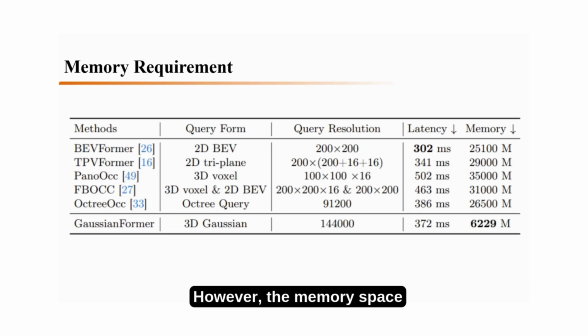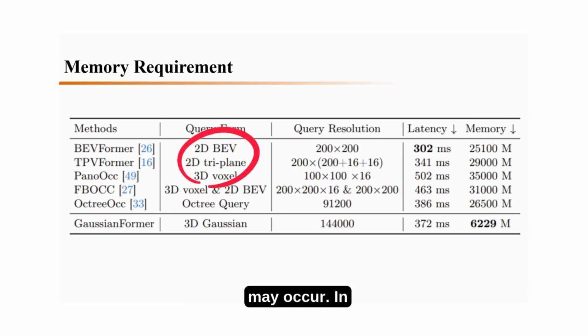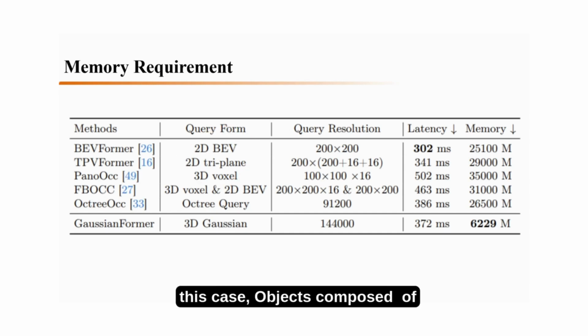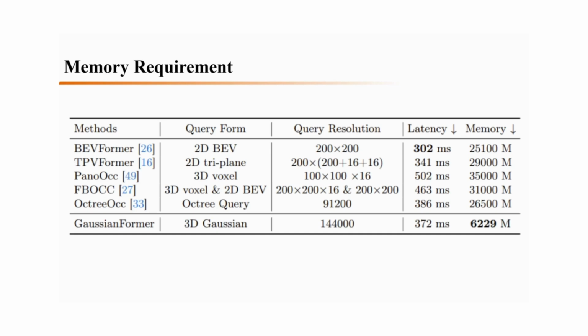However, the memory required by current solutions is too large, such as BEV and TPV, and compression distortion may occur. In this case, objects composed of Gaussian distribution theory can effectively optimize this problem.